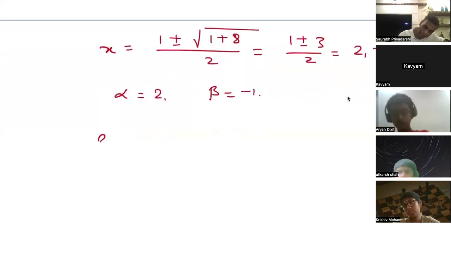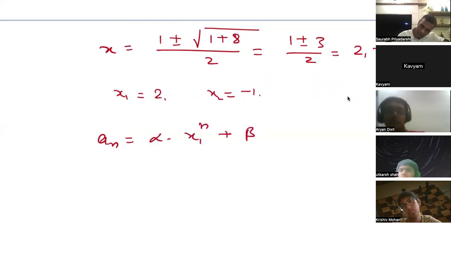Our equation an will be alpha into x1 to the power n plus beta into x2 to the power n. This is the characteristic solution.